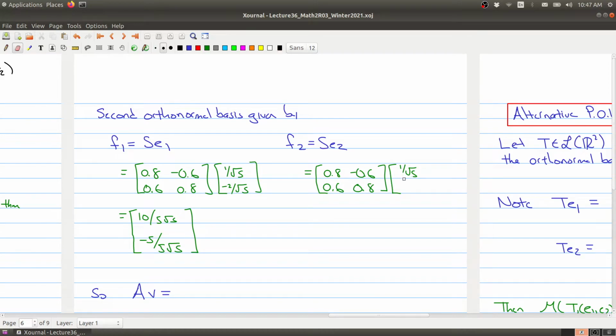Oh, this should be 2 root 5 and 1 root 5. And when this spits out, I will get 5 over 5 root 5, and over here I'll get 10 over 5 root 5. If you stare at this for a second, you should get something that's orthonormal.